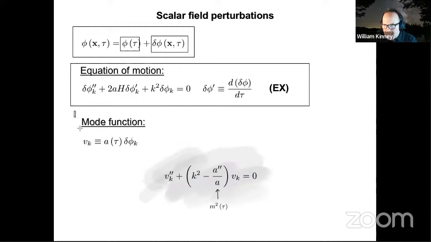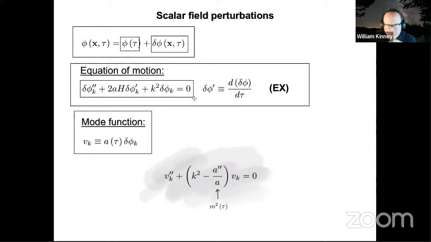We can define a canonically quantized mode function. This thing is a mess, and coming up with solutions to this is not obvious. But we can do a simple variable change that makes it effectively a Klein-Gordon equation, turning it into a canonical variable by defining a new mode function v, which is just the scale factor times the field fluctuation.